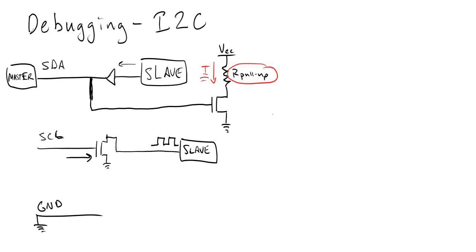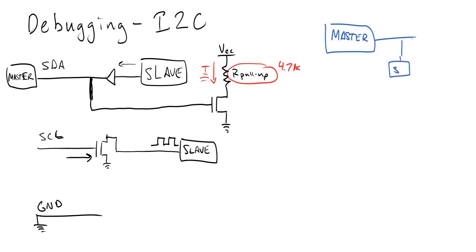All that being said, a lot of people will go with 4.7K, pretty standard for I2C data buses. But in an actual system, what will happen sometimes is we'll have the master connected to a few slaves, because the beauty of I2C is that we can daisy chain these slaves.